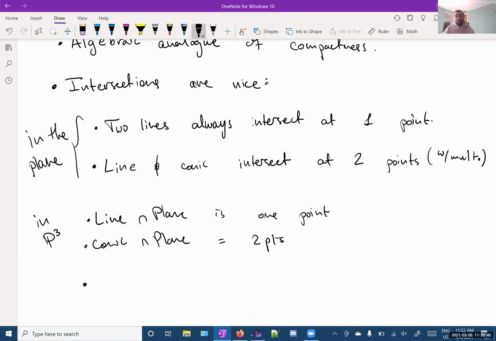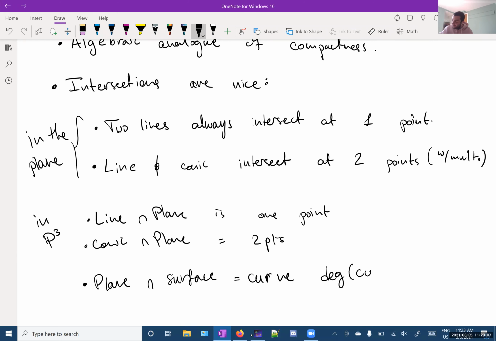What else? So a plane intersect a surface gives us a curve. And what is the degree of this curve? It's exactly the degree of the surface.